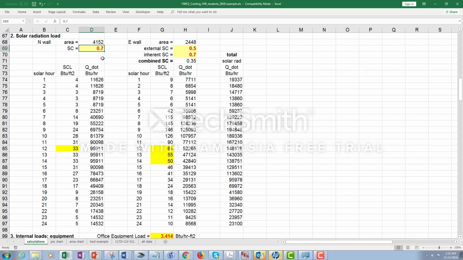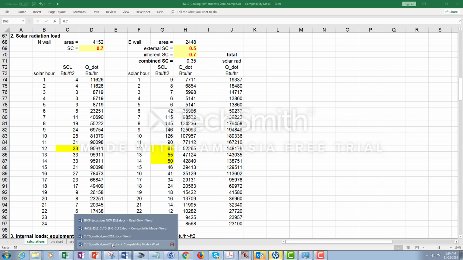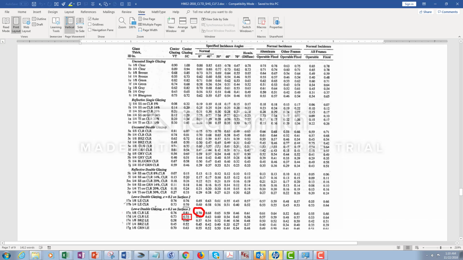So the shading coefficient, that data was given to you in the homework assignment. It's here with the fenestration data. It has a shading coefficient of 0.75. Now notice that at normal incidence, this glass has a transmittance of about 0.7. The water white glass would have a normal incidence transmittance of about 0.92.